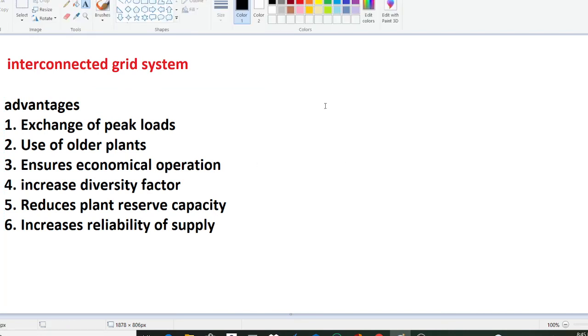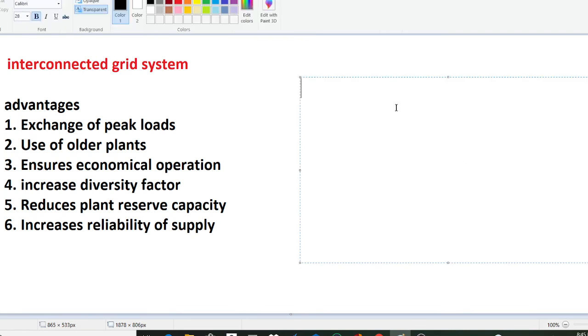Similarly, there are a few disadvantages of interconnected systems. The very first point is the expensive tie line. Similarly, the next disadvantage is the expensive circuit breaker.